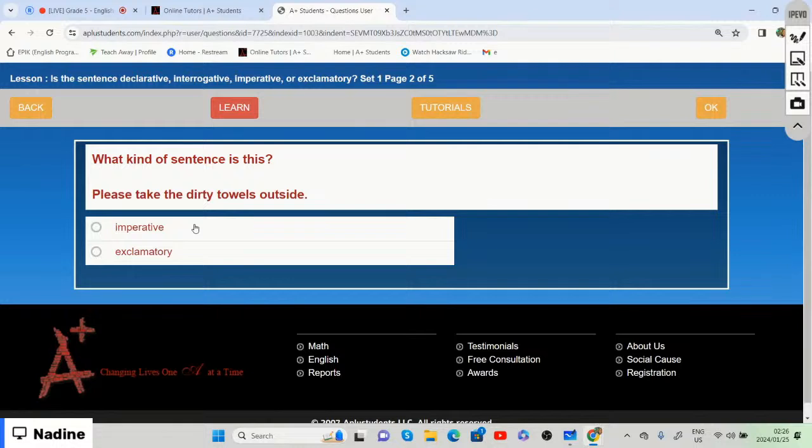And if we are going to select the correct one, then we're going to say it's an imperative sentence. So please take the dirty towels outside.